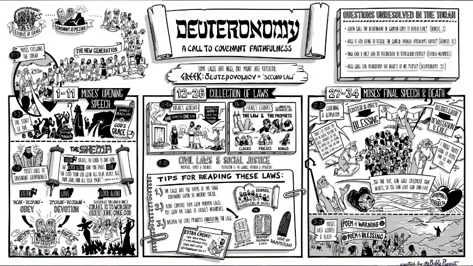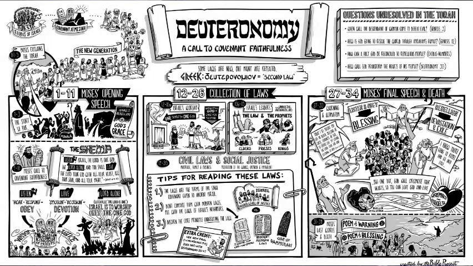And then 10:12 through the end of 11, an admonition to fear and love the Lord and to obey His will. So that's the first major subsection of the second address.